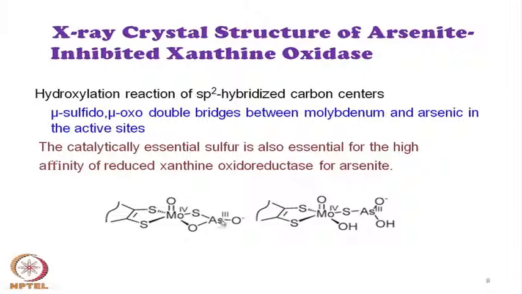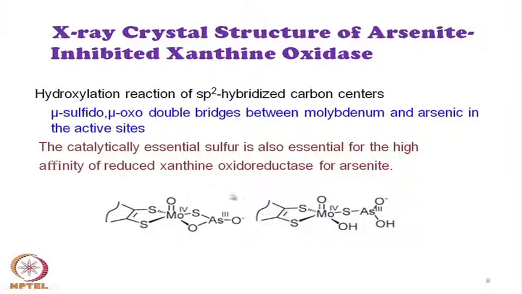in the bound form to the molybdenum site are also difficult to crystallize. But another way of learning about this is to use some inorganic oxo anion, like arsenite.